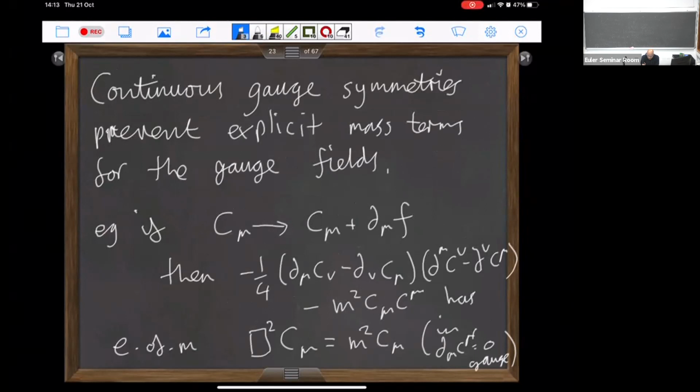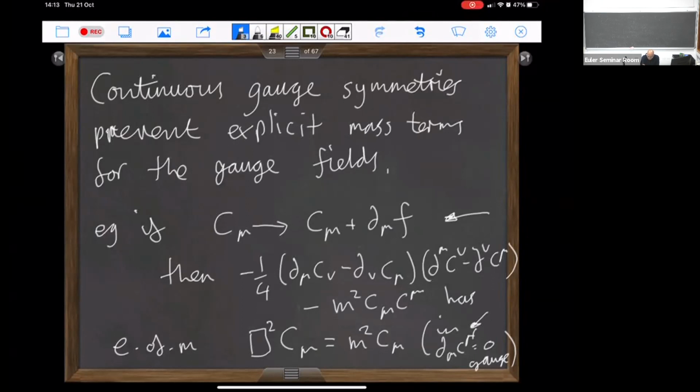That's easy to see because, even just in the abelian case, if you have a U1 gauge field, then we know that its field strength is gauge invariant. But if you try to add a mass term, a Lorentz invariant mass term, that would be something like this. And if you apply the Euler-Lagrange equations in the Lorentz gauge, I think for some reason I was calling this Coulomb gauge, by the way, when we were studying Maxwell's equations, but it's actually the Lorentz gauge.